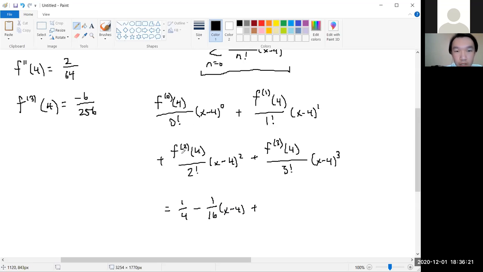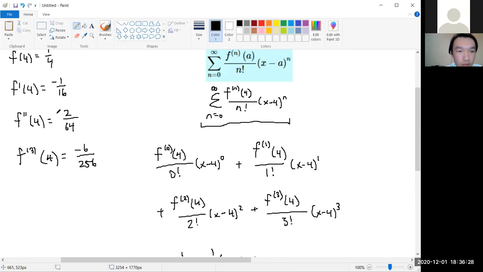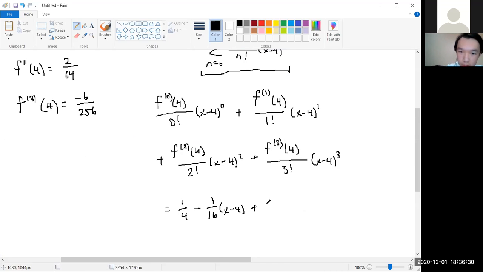All right, now moving on to the next term, we have f2 of 4, which was 2 over 64. So it's 2 over 64. 2 factorial is 2.